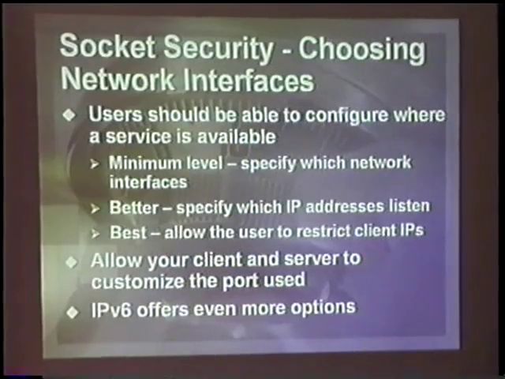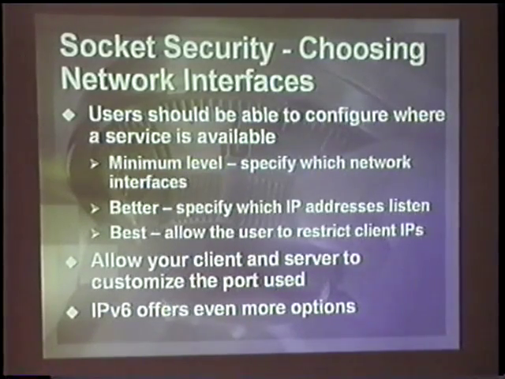So the minimum level would be to allow the user to specify which interfaces we're going to listen on, which network cards. Now this can get a little bit tricky, because if you specify a network card and then you go ahead one day and change it, now you've got an application that's not listening on anything at all, and it can take you a little bit to figure that out.